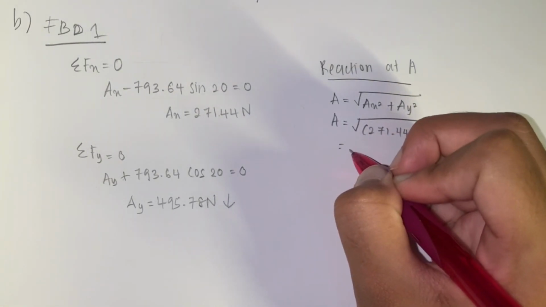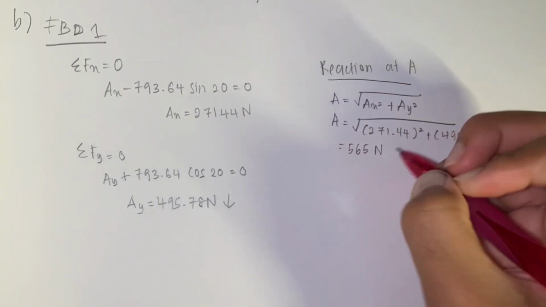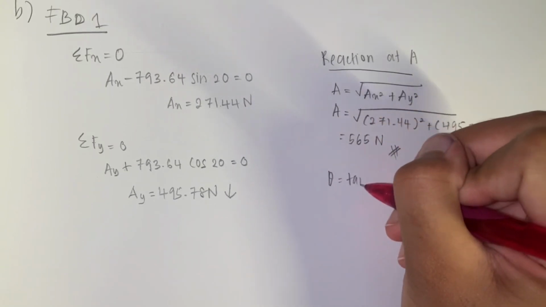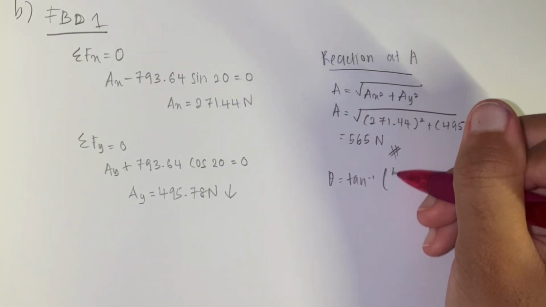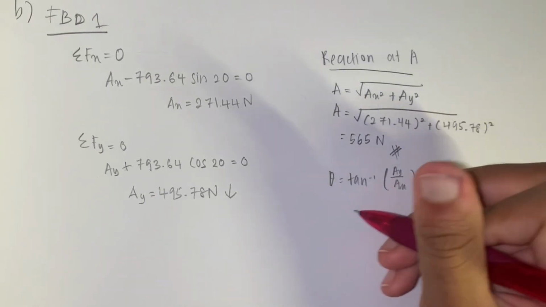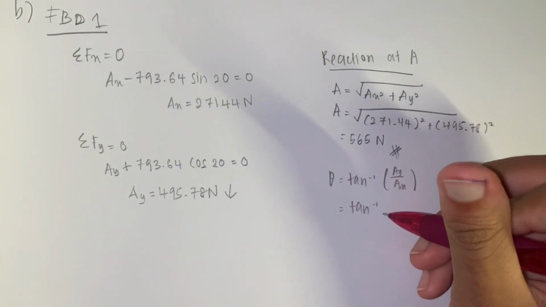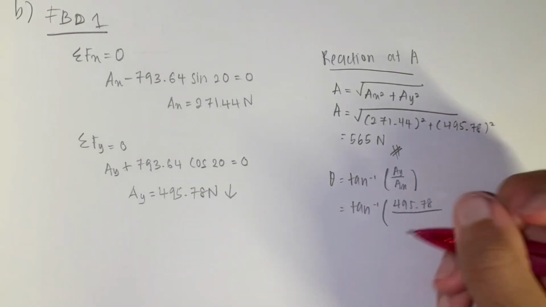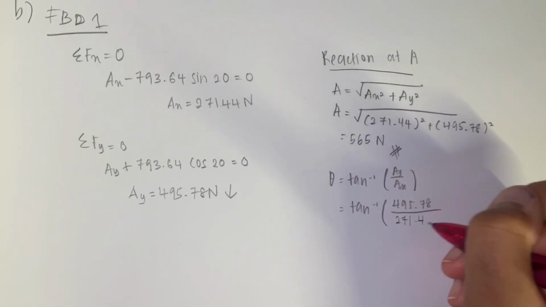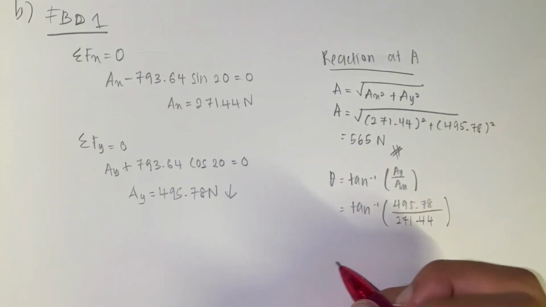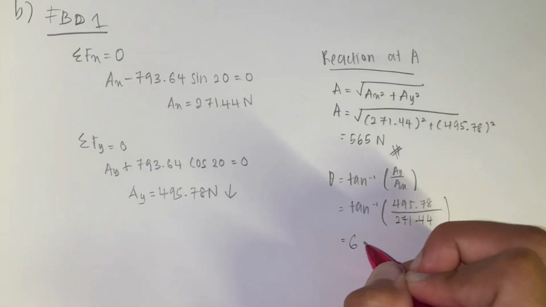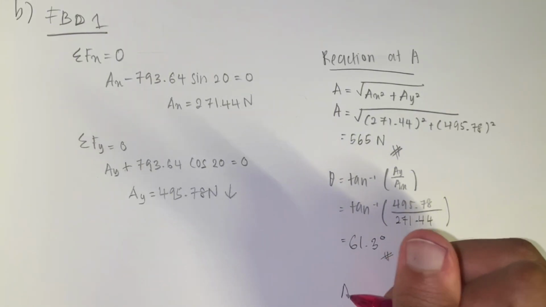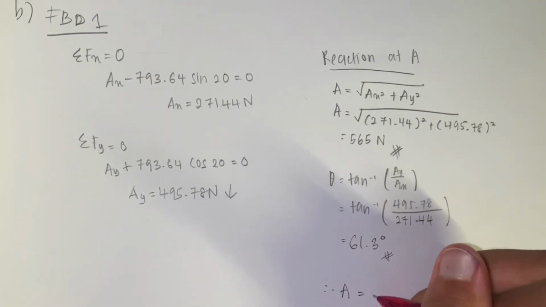So the answer is A equal to 565 Newton. Then I want to find the angle. So theta equal to shift tan Ay over Ax. So just enter the values that we got. And I got the angle is 61.3 degrees. So here's the final answer for B.